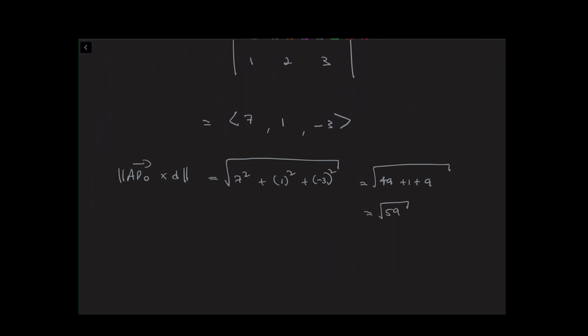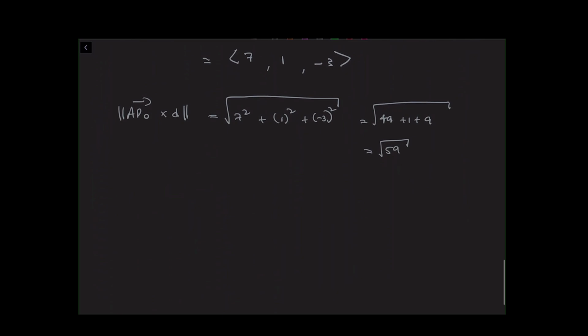So that's my numerator. The denominator asks for the magnitude of the direction vector D, which was (1, 2, 3). So we have 1 squared plus 2 squared plus 3 squared, which is 1 plus 4 plus 9, which is equal to 14.